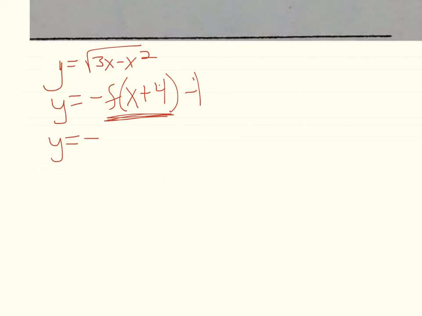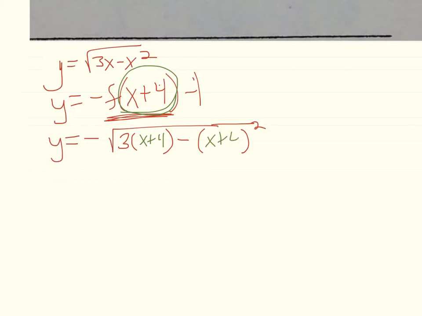This part right here means anywhere that I see an x, I'm going to replace it with x plus 4. So it would be the square root of 3 times an x, minus an x. Inside of both of those, I'm going to write x plus 4 instead of x, because that's what I'm replacing it with. And then I have the minus 1 on the outside.